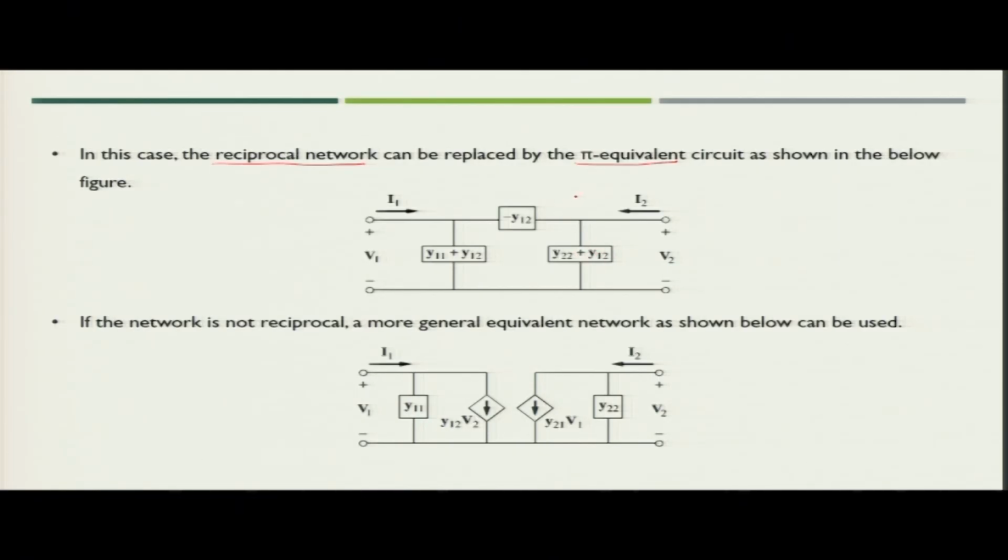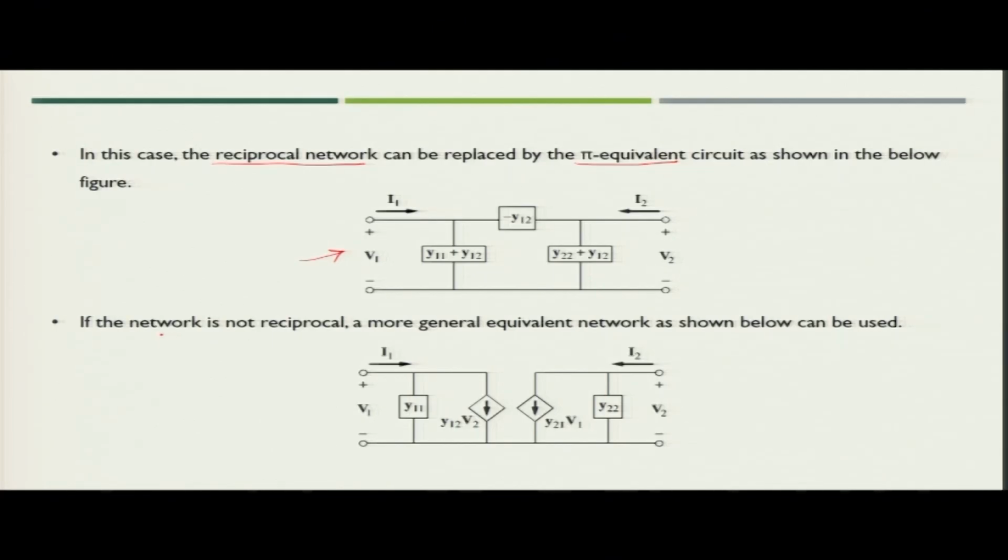Here, since Y12 is equal to Y21, you can use either Y12 or Y21, both will hold true. The branch connecting these two legs will have the admittance equal to minus Y12. So, a reciprocal network can be represented equivalently with the help of the pi equivalent circuit.